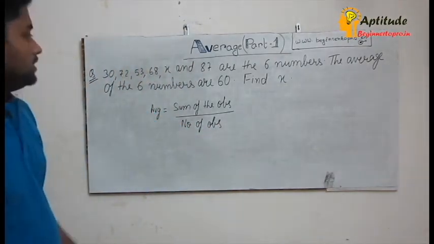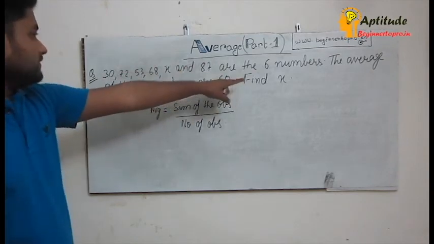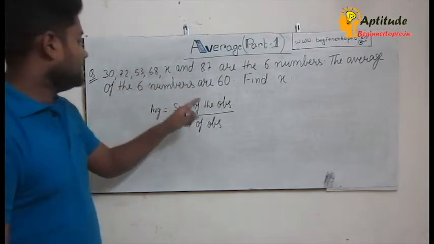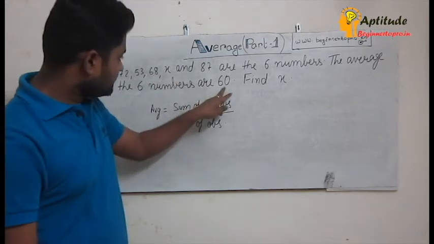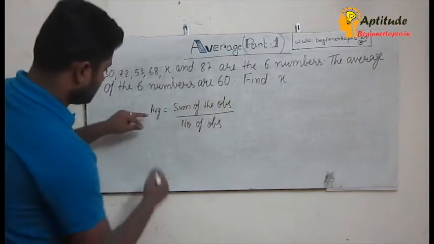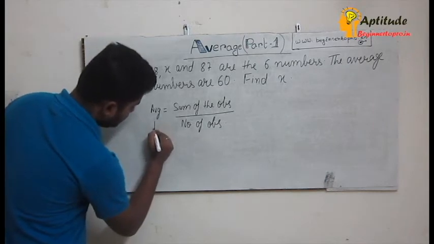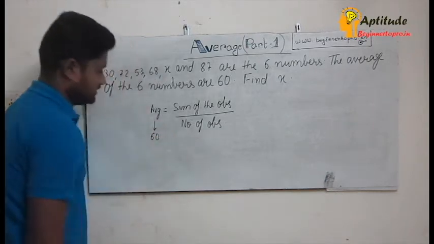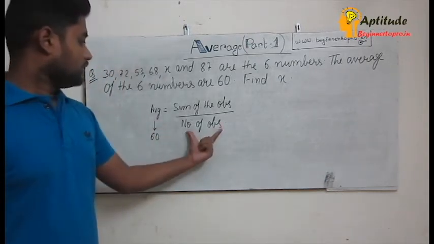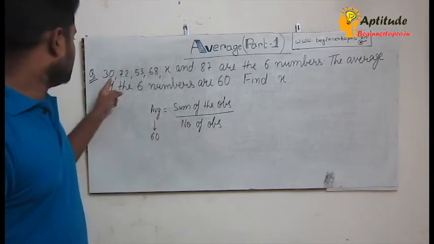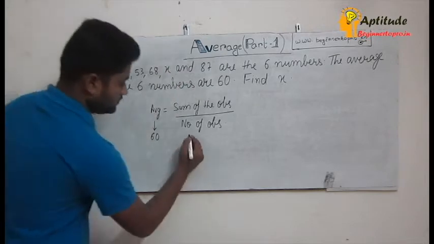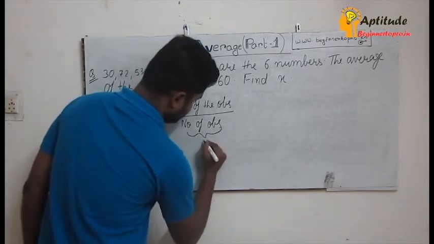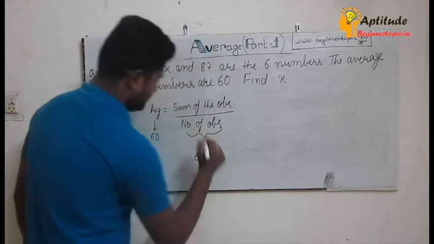According to the question, we already know the average of the six numbers is 60. And how many observations are there? Total six. So the number of observations will be six.